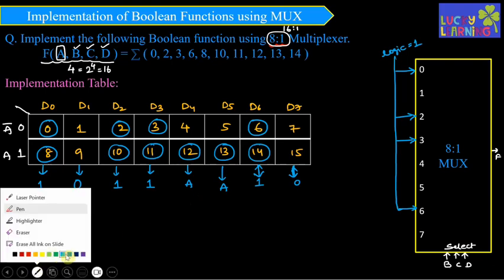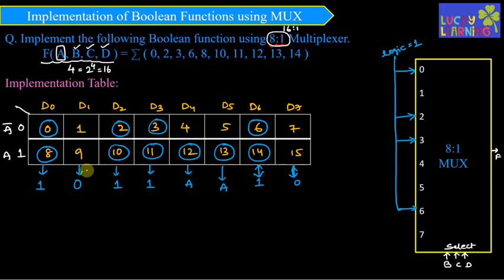And look, 0 is there for data input 1 and data input 7. For these two data inputs, 0 is there. So connect these two data inputs to logic 0.